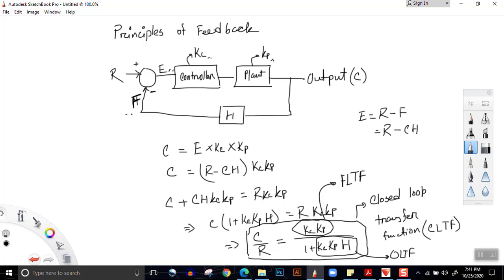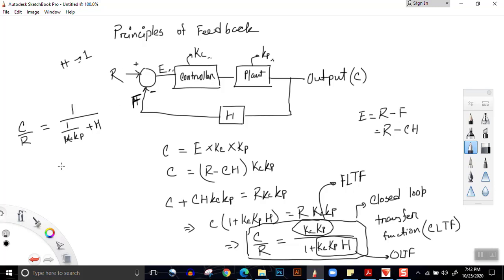Now, what is the significance of this expression? The significance is that we can modify it as C by R is equal to 1 by (1 by Kc Kp plus H). In general, the value of H is equal to 1 because we generally use unity feedback.